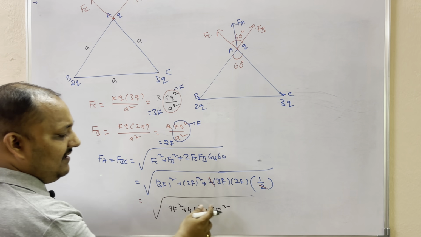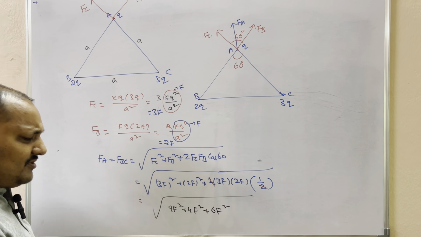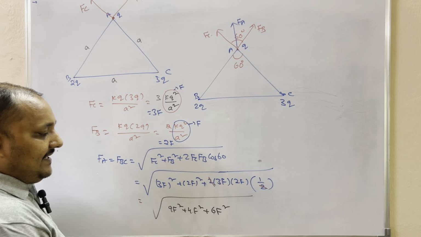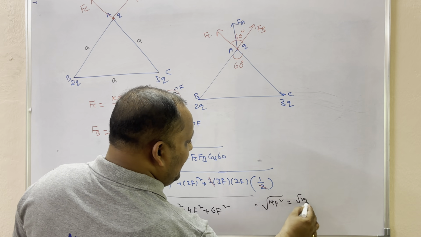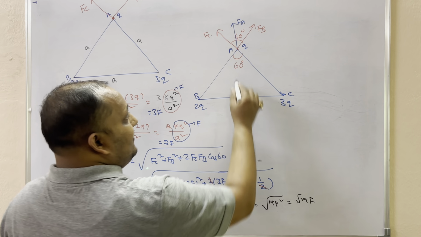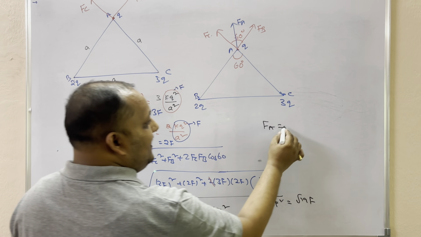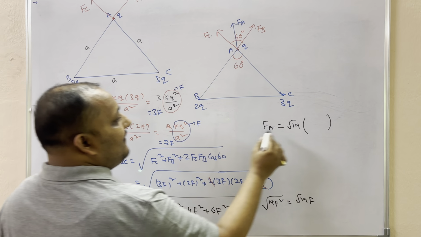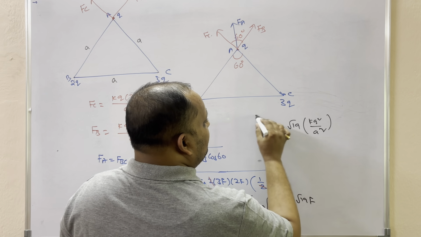So this is simple addition. 9 plus 4 plus 6. How much you will get it? 9 plus 6, 15. 15 plus 4, 19. Therefore, root 19 f square. That is going to be root 19 f. Therefore, final formula resultant force on A, Fa is going to be root 19. What is this? F value we have taken kq square by a square.